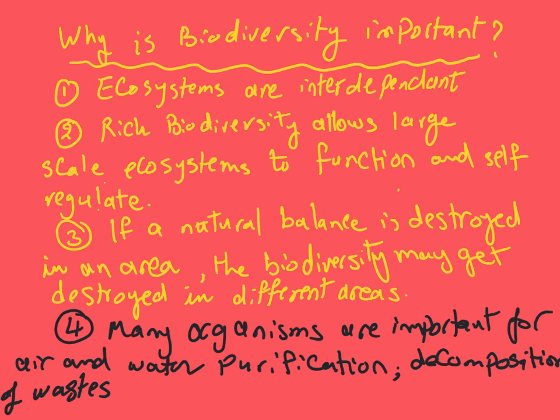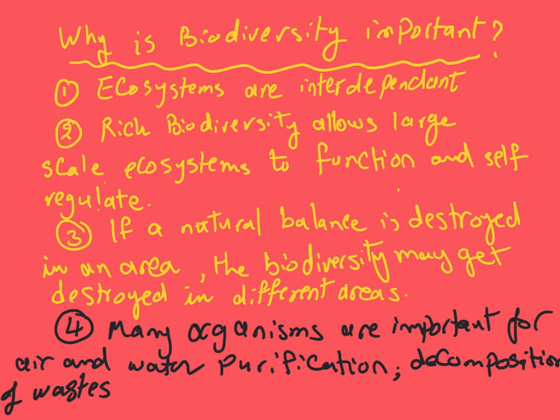Secondly, rich biodiversity allows a large-scale ecosystem to function and to self-regulate. We mean here that if the biodiversity is very rich in many different types of living organisms, this allows a large-scale ecosystem to function, because any living organism in an ecosystem is dependent on another organism or on the existence and abundance of another organism.